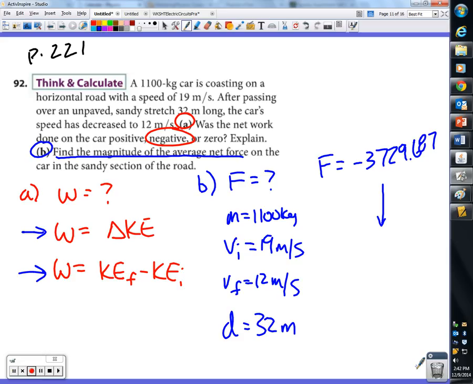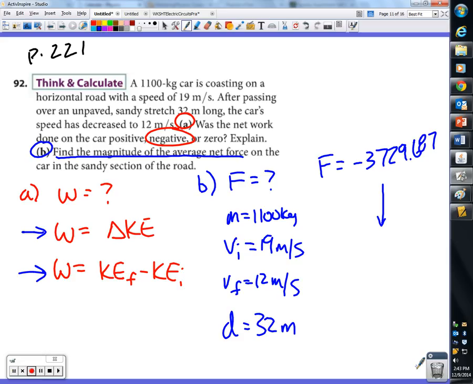All right, let's take a couple more seconds here, finish this up, then we'll talk about our final answer. If you're not getting that number, let me know. Make sure you square your velocities. That's always the one thing.